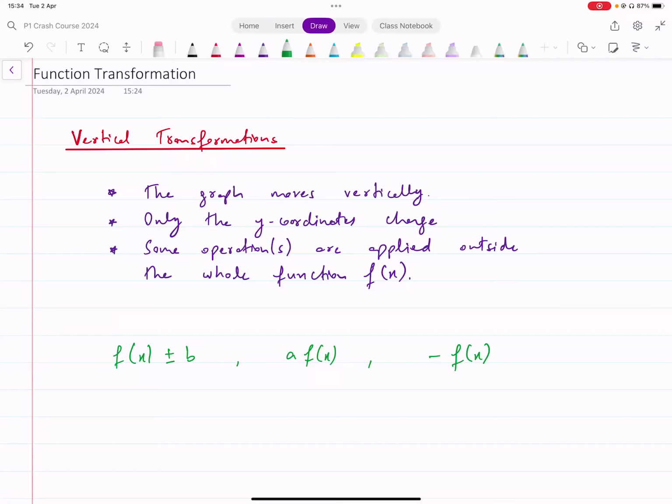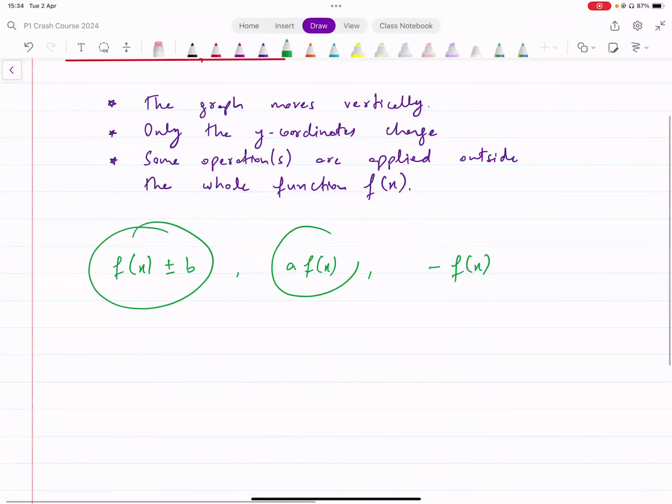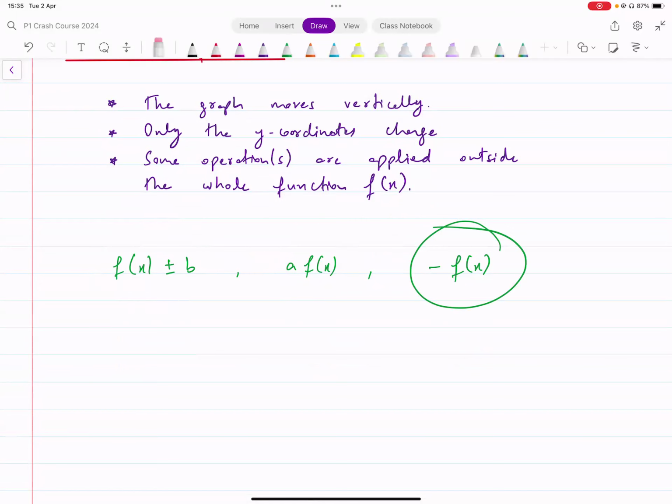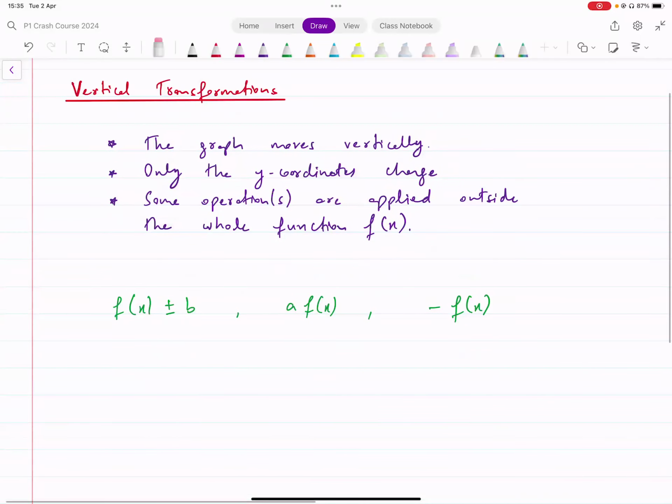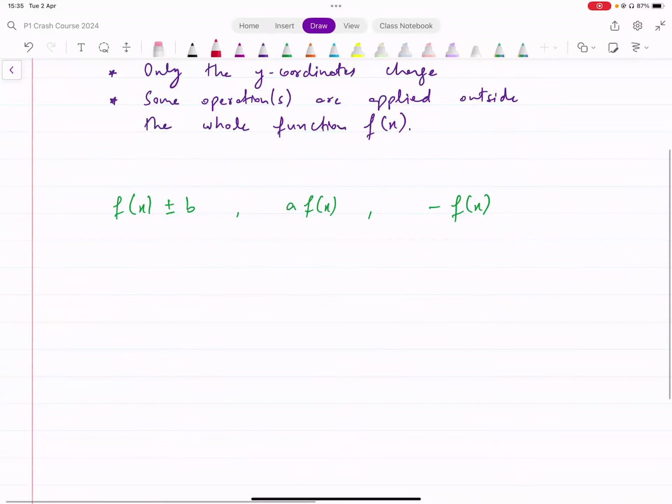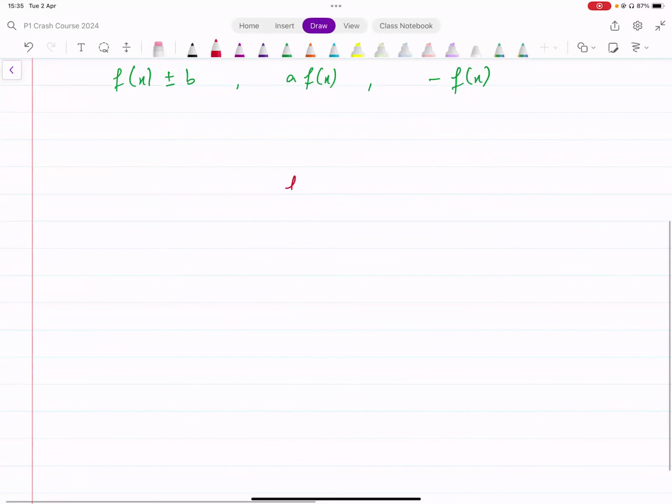So in the first case, you have translation. In the second case, you have stretch. In this case, you have reflection. So these are the three different things that can happen. Make sense? Now, if I were to summarize all of those 3 transformations using function notation, with f of x, you can do 3 things outside.